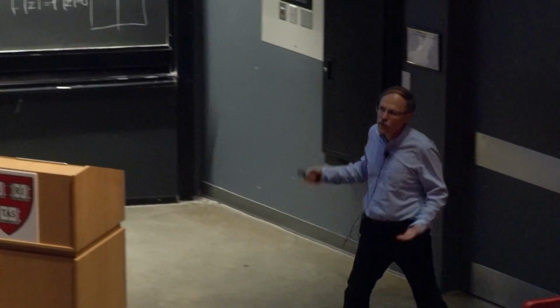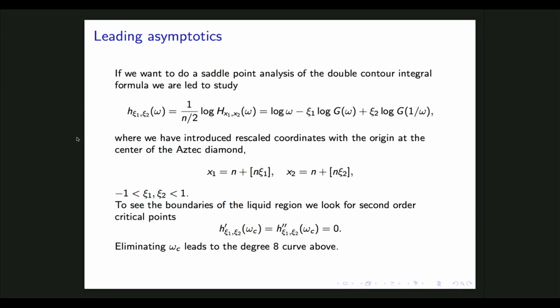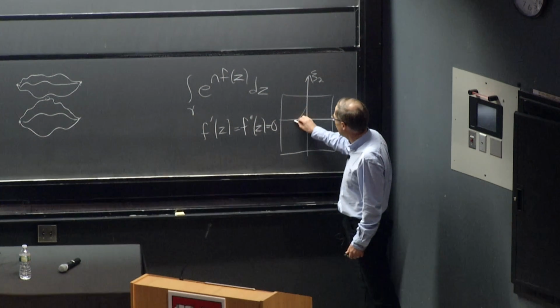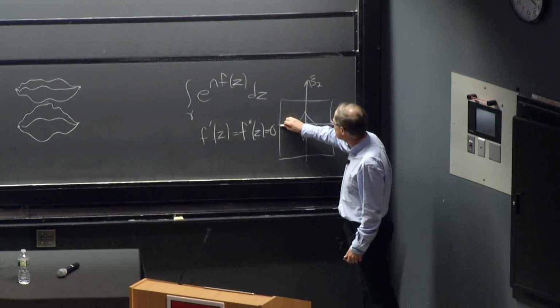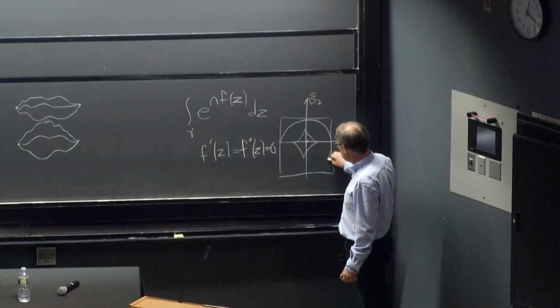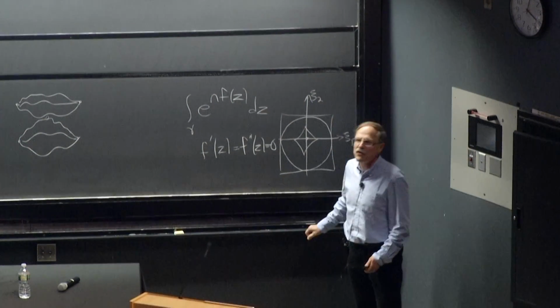This is sort of a known recipe. So if you do this here, you get this equation. And if I eliminate omega c here, I get an equation for xi1 and xi2. And this becomes an 8th degree equation with 2 real components, which are these things here. So this is how you get these limiting curves here.